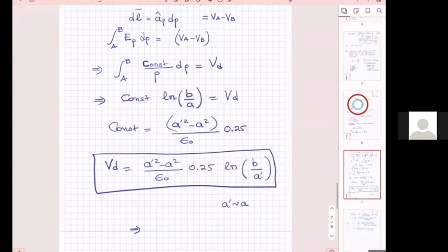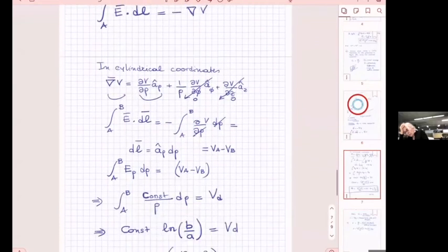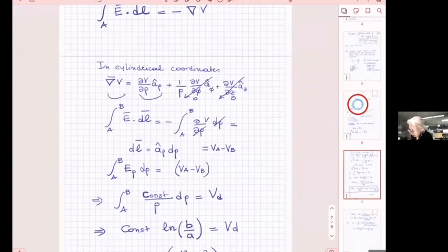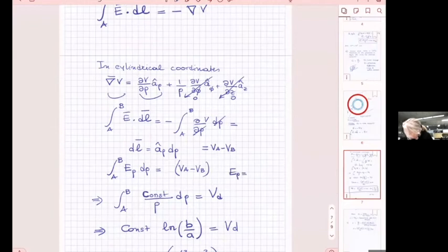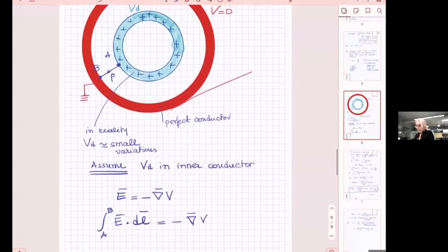How did you get the constant over rho again? The constant over rho, you mean? Yeah, rho, sorry. Yeah, the constant I got from, you see, I had to replace E rho. E sub rho is nothing else but D sub rho divided by epsilon naught in that region here.